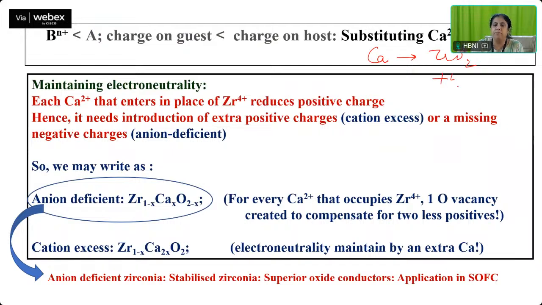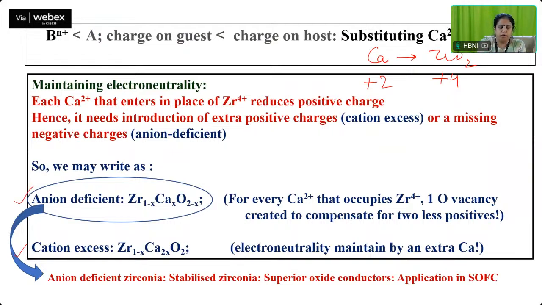Zirconium has the charge of +4 and calcium goes in as a +2 ion. Now the guest is taking lesser positive charge. That means either you will have to compensate it by introducing extra positive charge, which means cation excess, or you will have to take out some negative charge, which means anion deficient.